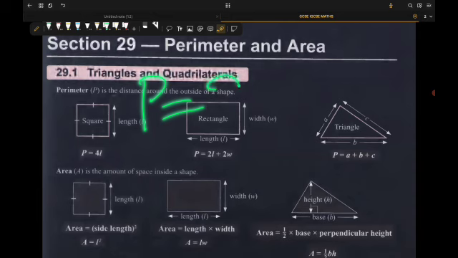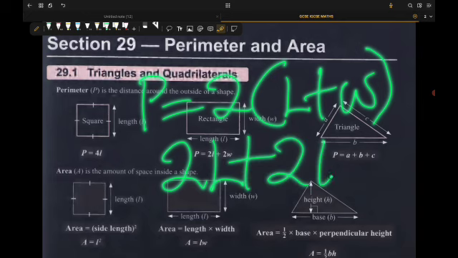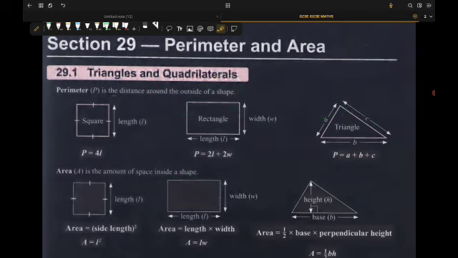So the formula for calculating the perimeter of a rectangle is always perimeter is equal to 2 into bracket of length plus width, which is the same thing as 2 length plus 2 width. So even here, you'll be given the width. Let's assume it is 5 and this is 10.